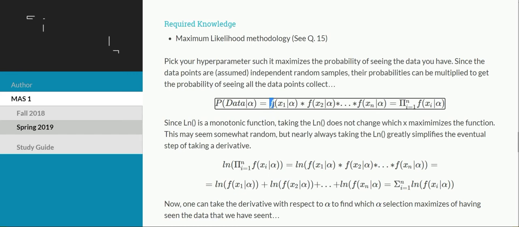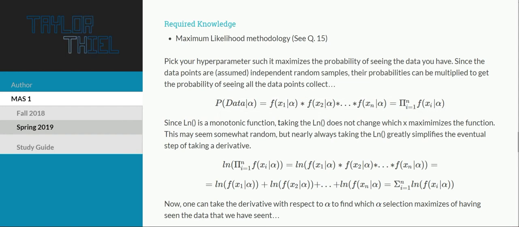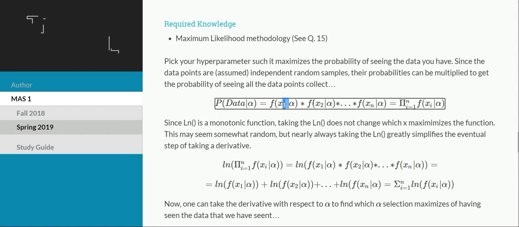You look at the PDF for all the individual observations under the assumption of some hyperparameter, and the product of all of those is denoted with this capital pi. We then want to take the derivative and maximize, because these are independent samples, that's why they're all multiplied. We want to maximize the overall probability of seeing the data.